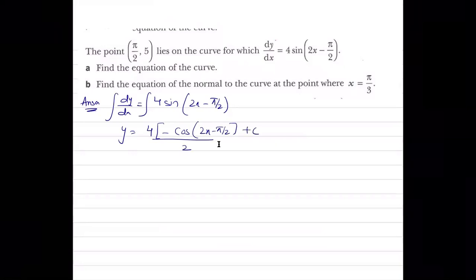Is the first step correct? Yes, sir. So minus 2 cos 2x minus pi by 2 plus c.